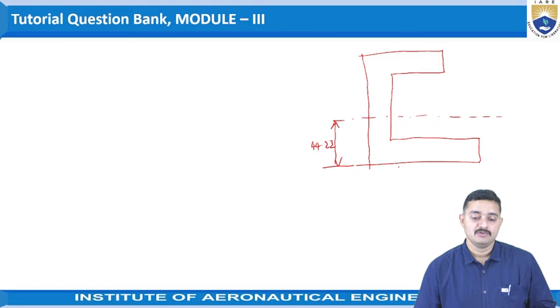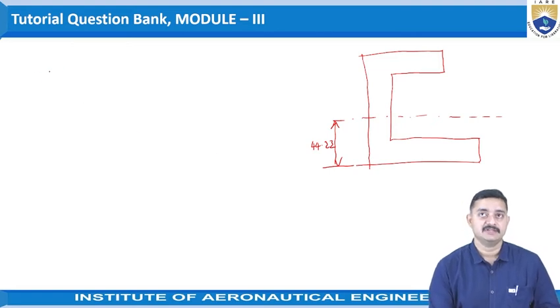Okay. Now what we need, as per the formula of the moment of inertia, that is moment of inertia I is equal to Ig plus AH square.